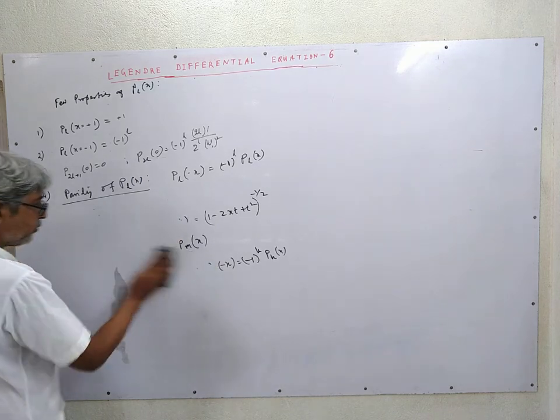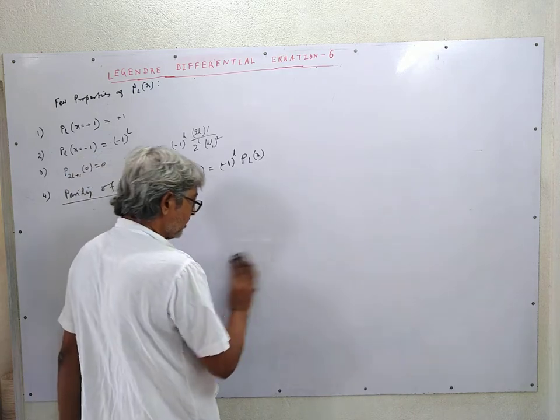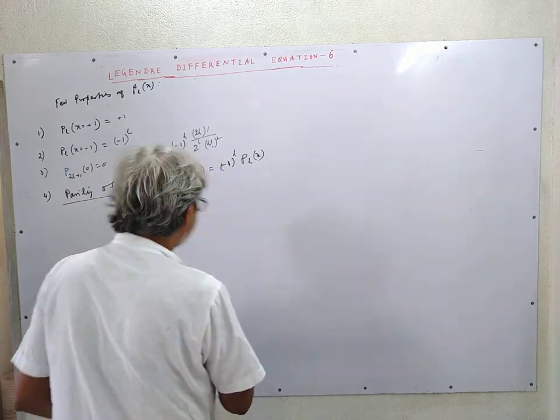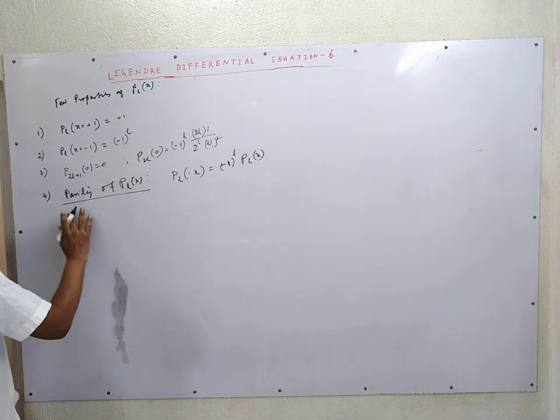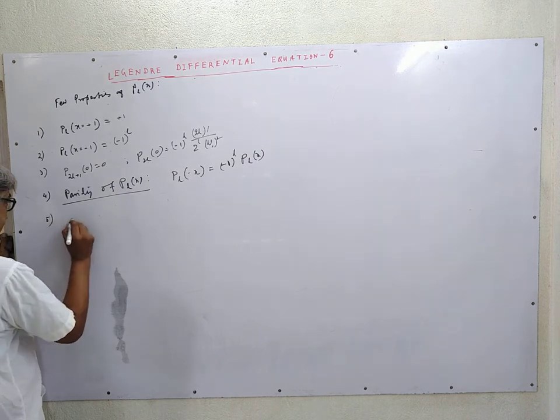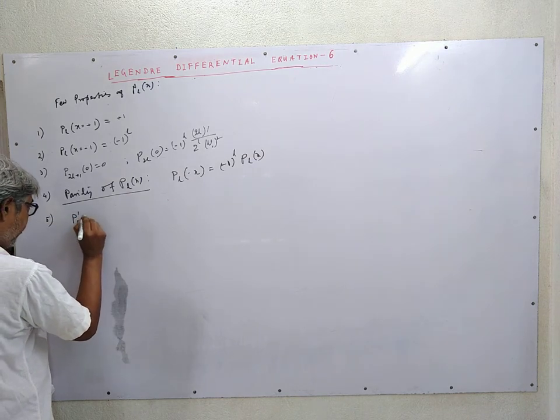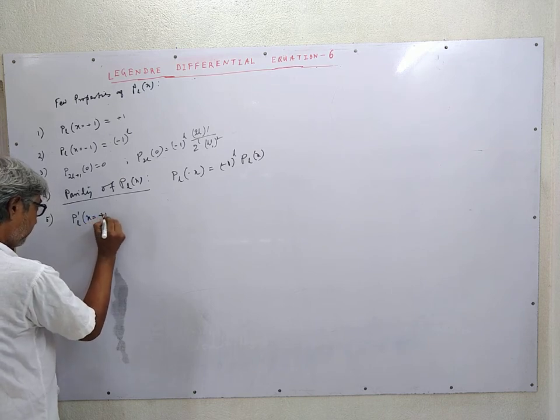Now if we want to find out the values of the derivatives of the Legendre polynomial at x equal to plus minus 1, say, what is the value of PL prime of x at x equal to plus 1?